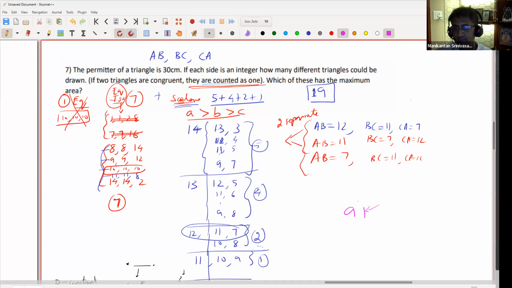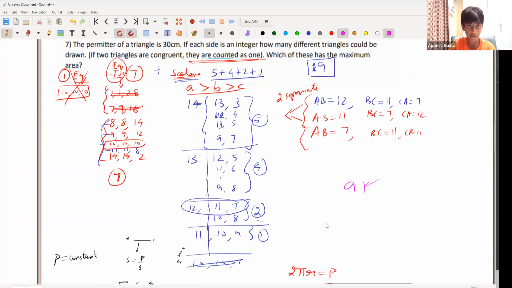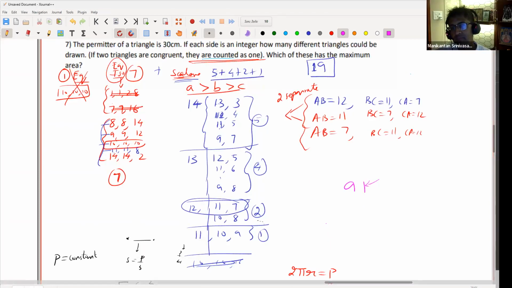Basically it's the same thing. The number of triangles are the same, but you need to think about the different permutations, how you can rearrange the triangles that you have. For the scalene triangles where A, B, and C are all different, there are 6 ways you can have different triangles. So we add 5 plus 4 plus 2 plus 1, which is 12 scalene triangles. So 12 into 6, 72.